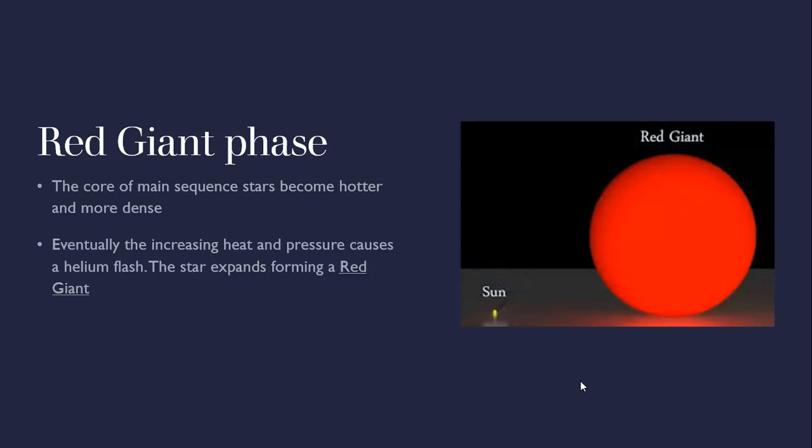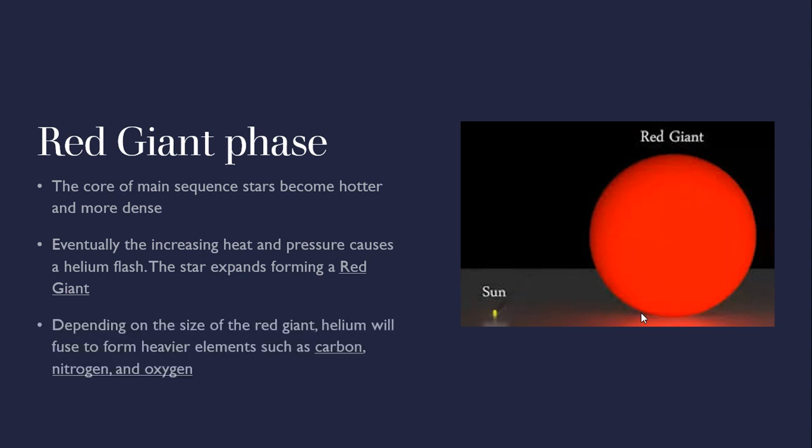Eventually, the increasing heat and pressure causes a helium flash, and that's basically an explosion. This will cause the star to expand, forming a red giant. When this happens to our sun, it will completely burn up Mercury, Venus, and possibly Earth. The good news is there's no way we will live long enough to see that happen.